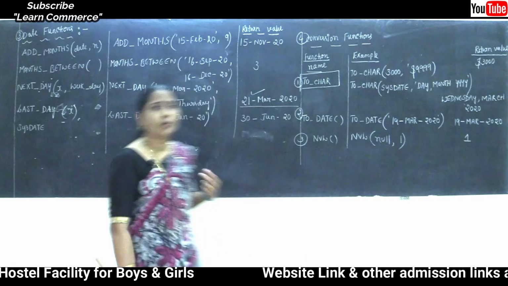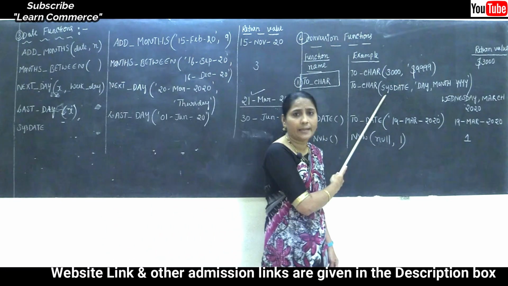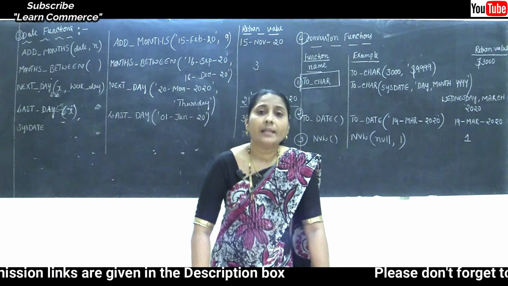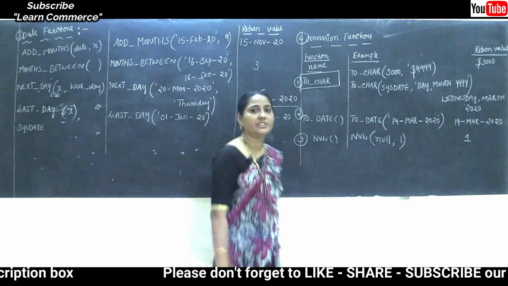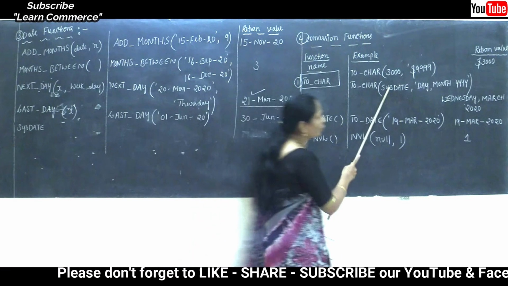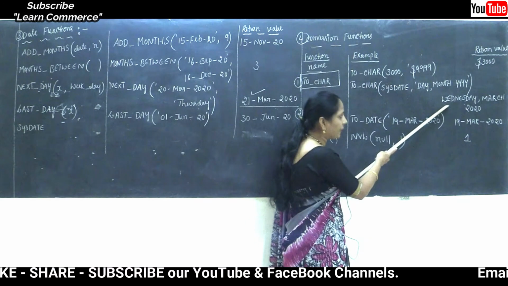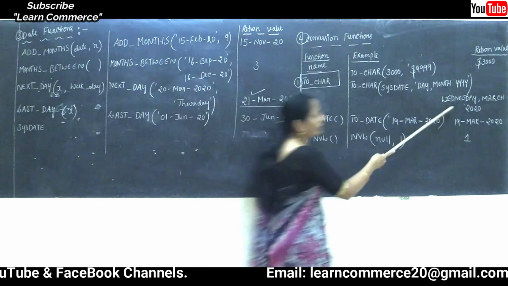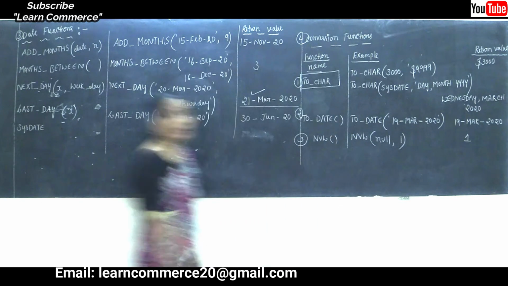Okay, so what is it going to return? First of all, we know the meaning of SYSDATE. In the date function, I said that SYSDATE returns the current system date and time values. Maybe for example, if you want the current system date and time, the value is Wednesday, March 2020. It is going to return that, clear?